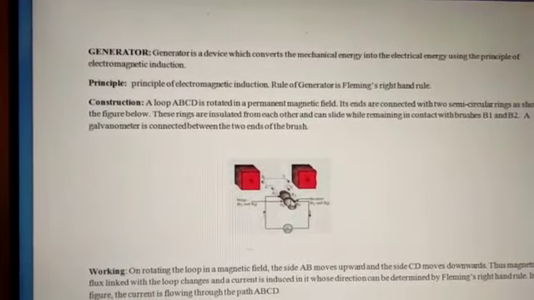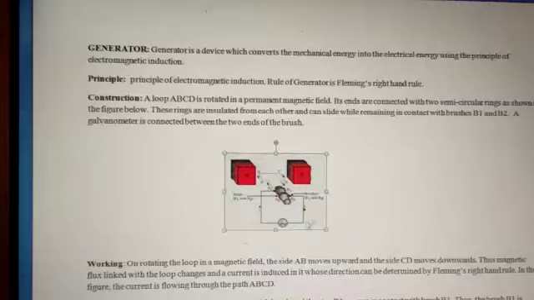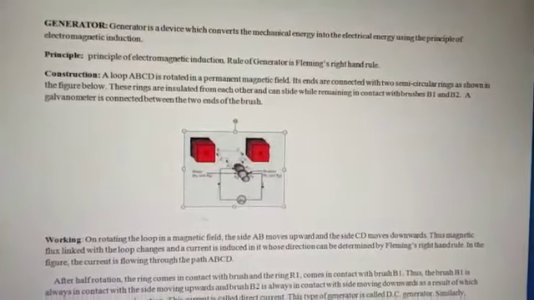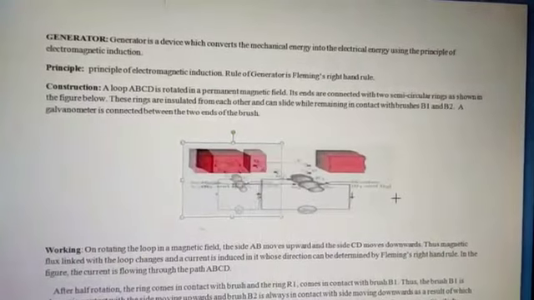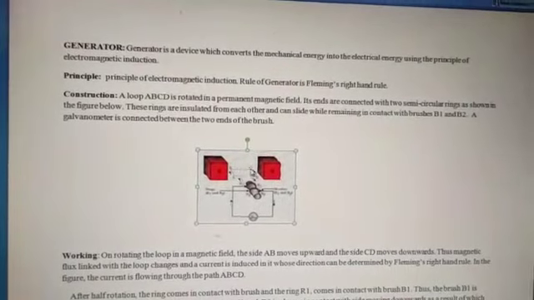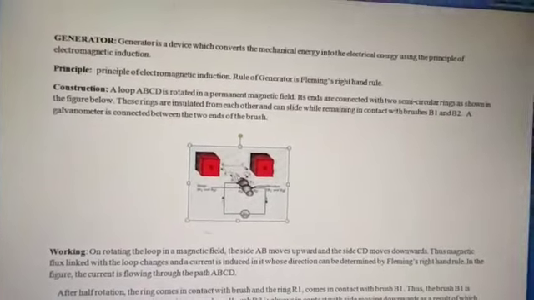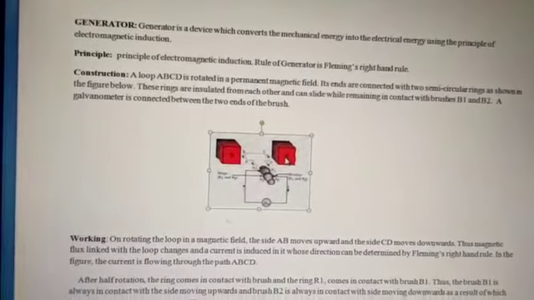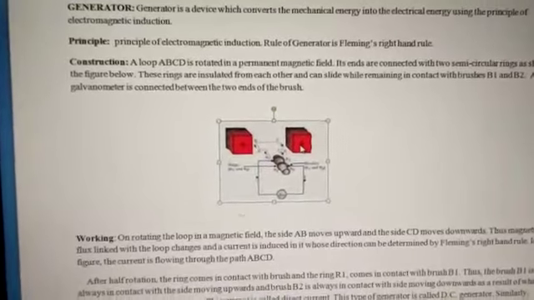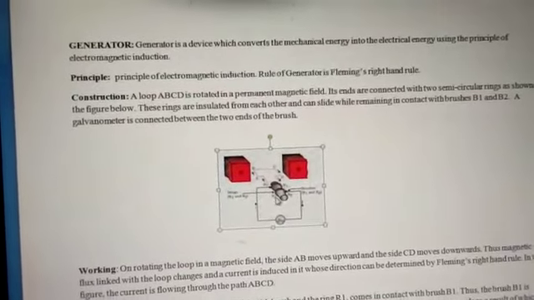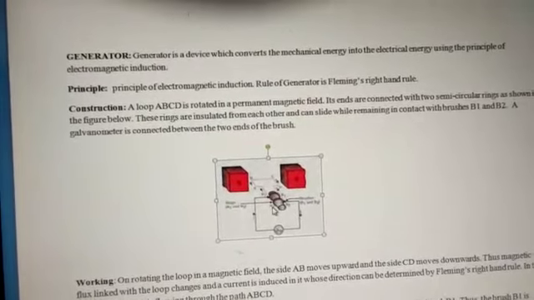So what is the construction? I will just make this bigger. Here ABCD is the armature, which is kept between N and S, the two magnets, and it is connected to the two rings, R1 and R2, the slip rings.